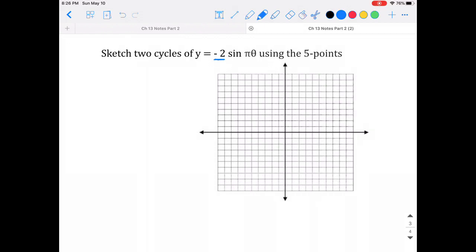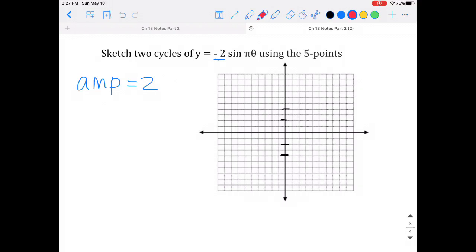We also know, given this information, that the amplitude of this graph is 2. Amplitude we get from the absolute value of a. So our maximum of this graph is going to be at positive 2, and the minimum of this graph is going to be at negative 2. So that's all we know about our y values.